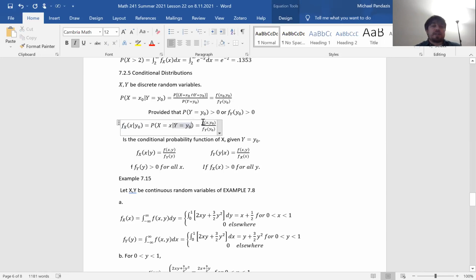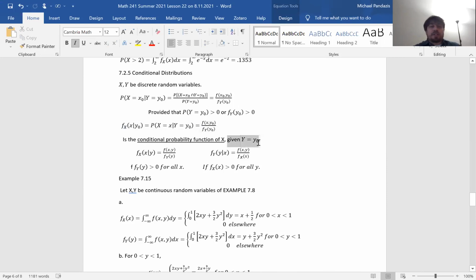And this is equal to little f of x comma y naught over f sub y of y naught. That's the name of it. It's called the conditional probability function of x. I'm going to underline "of x" also, because it matters with respect to what variable you're thinking of, given Y equals y naught.